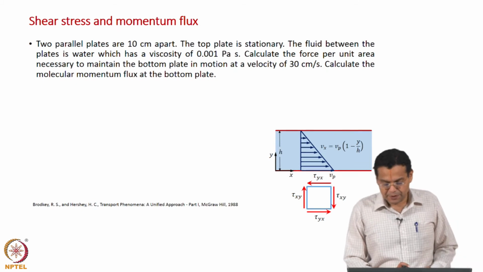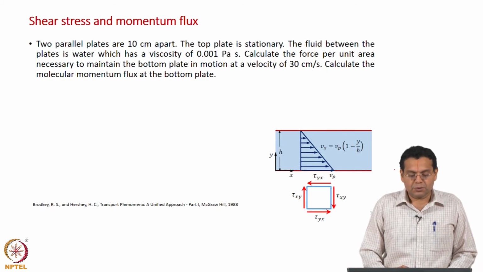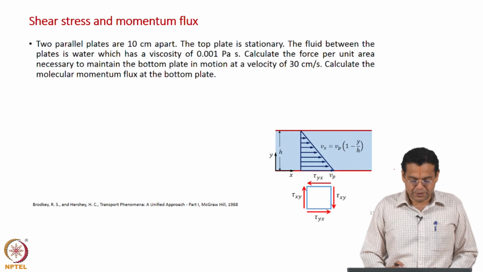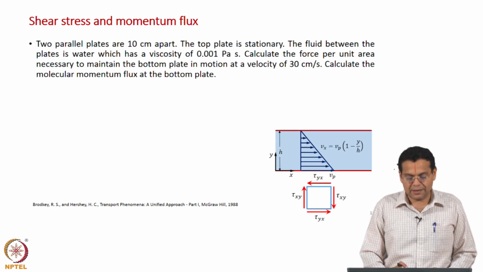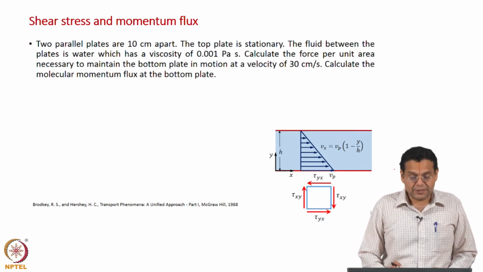Okay. Just to understand these two different viewpoints, let us have a very simple small numerical example from the book by Bird and Hershey. Some concepts are explained really nicely in this book, of course a very old book, but the physical explanations are good in this book.